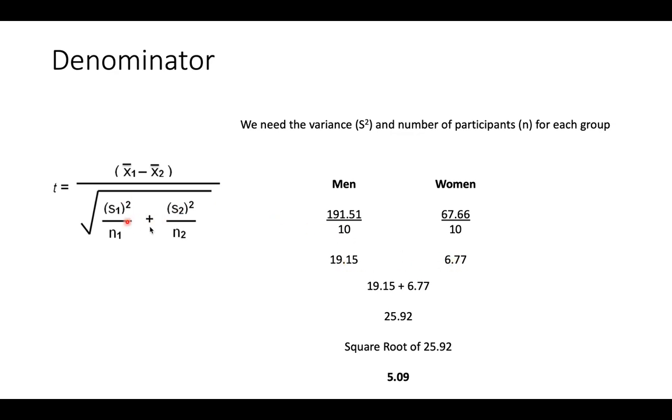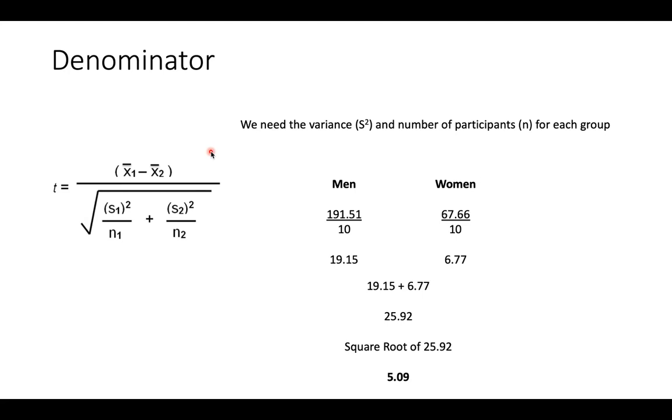We follow order of operations and we add those two together. 19.15 plus 6.77 gives me 25.92. That's the result of everything under the square root symbol. So we take the square root of 25.92 and our denominator ends up being 5.09.